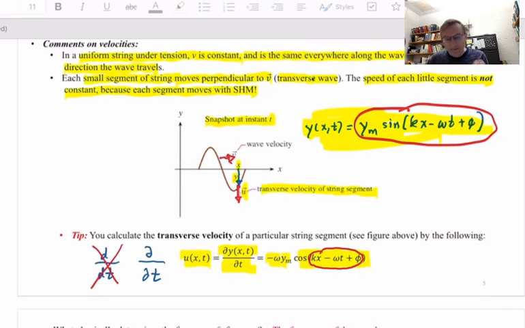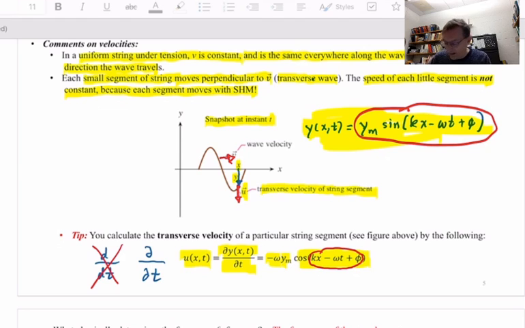what physically determines the frequency f, and therefore the angular frequency omega, since omega equals 2 pi f, what physically determines the frequency f of a wave? What determines how many up and down periods a piece of rope completes per second? That's an important question I want to address.